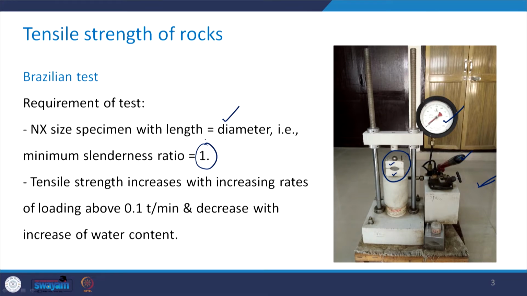Then the tensile strength increases with increasing rate of loading above 0.1 ton per minute, and it reduces with the increase of the water content. So, in case the sample is saturated, obviously its tensile strength is going to be less as compared to the dry sample of the same rock.